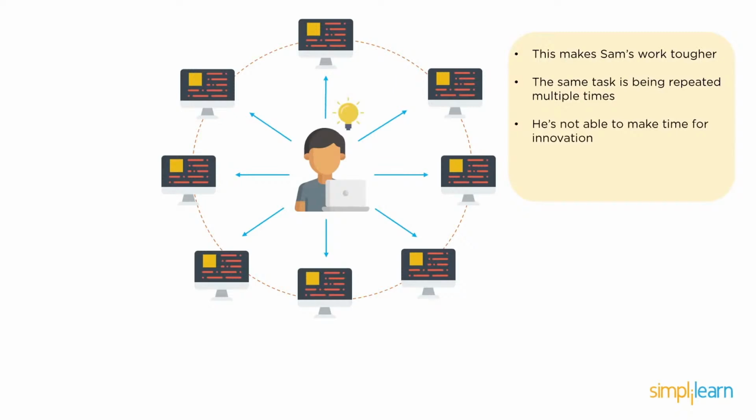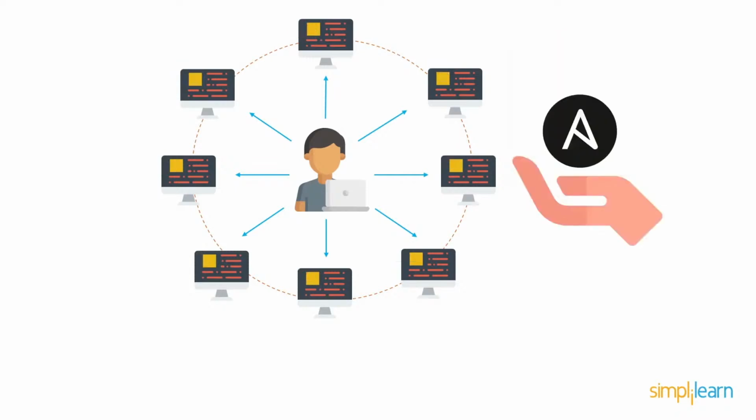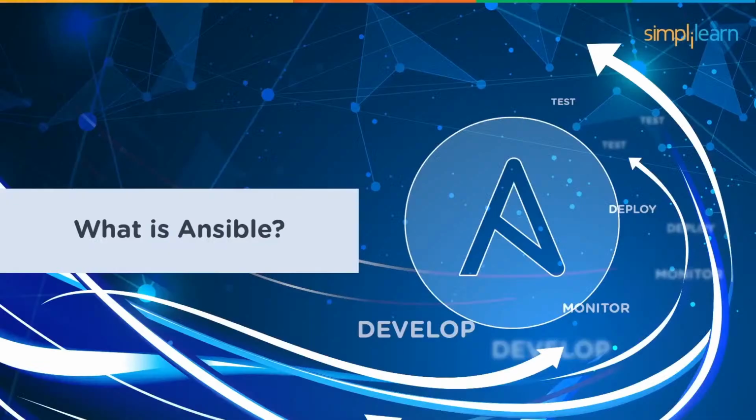And without any ideas or innovation, how does the system grow? And the worst of it all is manual labor is prone to errors. So what does Sam do? Well, here is where Ansible comes in use. With Ansible, Sam can write simple codes that are deployed onto all the systems and configure them to the correct states. So now that we know why we should use Ansible, let's look at what exactly is Ansible.